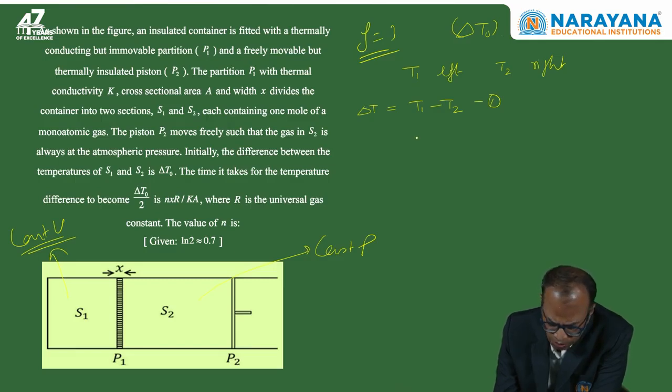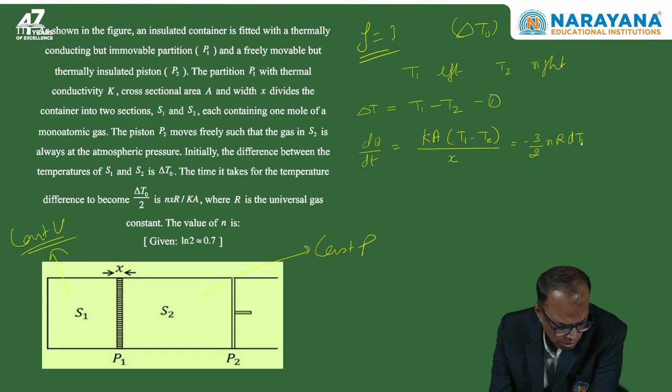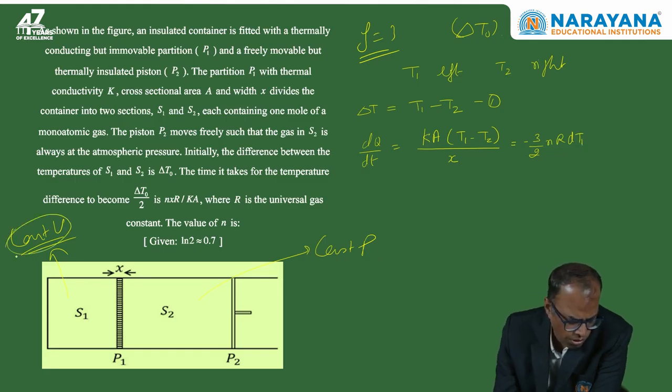So as S1 loses heat, I can write K, the thermal conductivity, into area into (T1 minus T2) by X as the rate of heat flow, dQ by dt, and this will be equal to minus 3 by 2 nR d of T1, because it is an isochoric process, so dQ can be written as nCv dT.